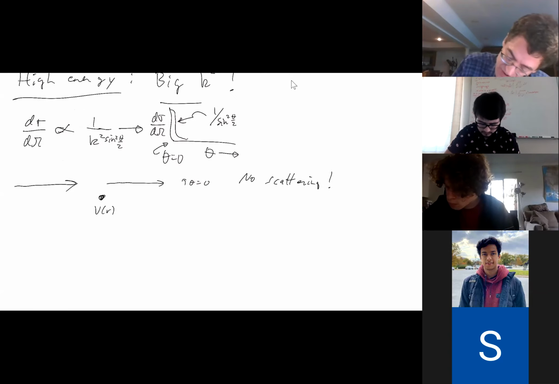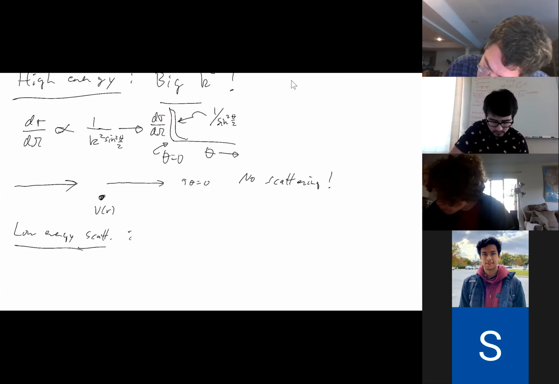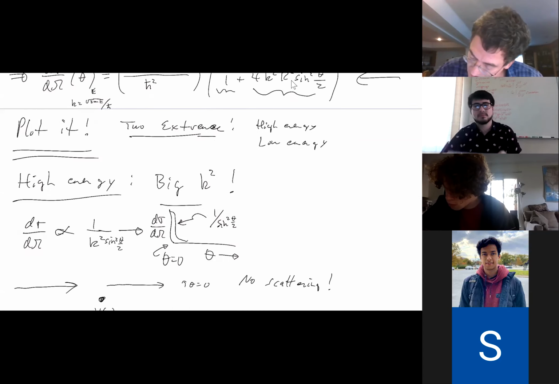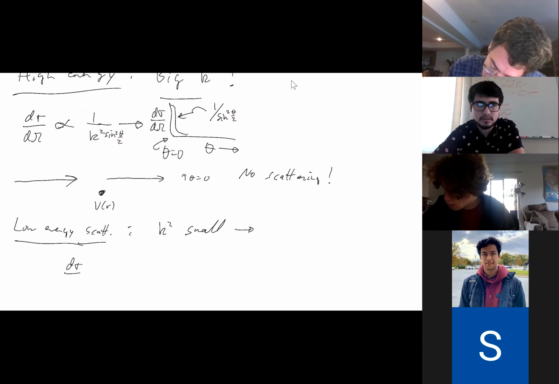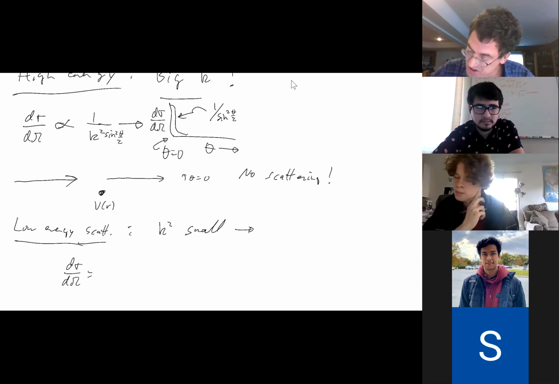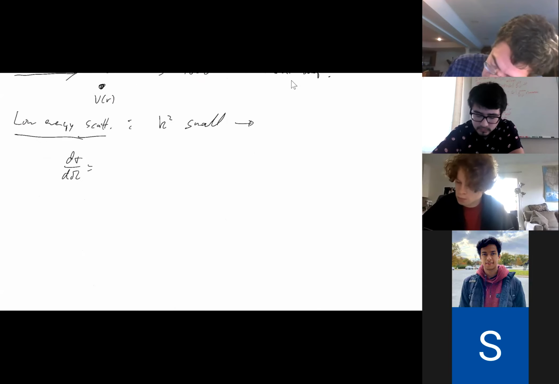But on the other hand, if I do the low energy, and then we'll be done because it looks like we're running out of time, for low energy scattering, k squared is small. And when k squared is small, when I look at that formula, d sigma d omega is equal to a constant, because the k squared part is small and all I have is that 1 left over.